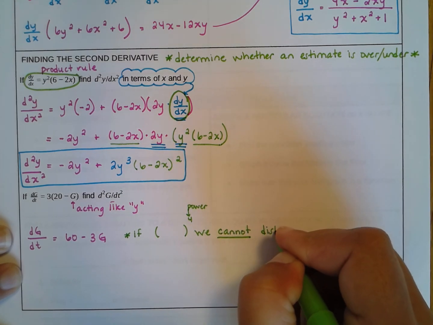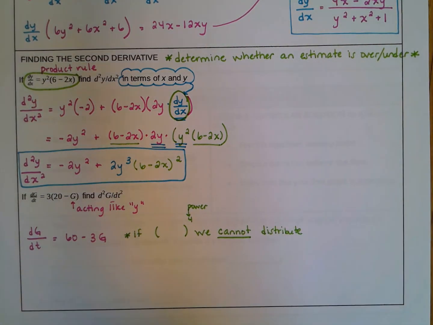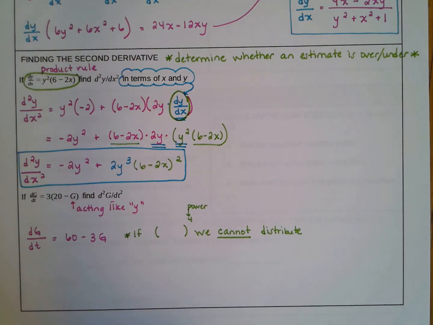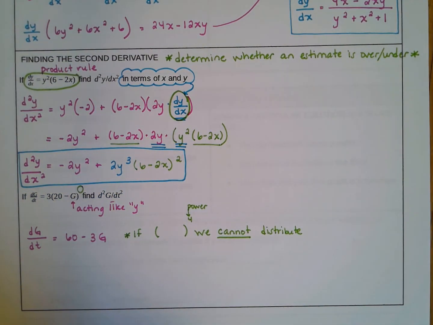Order of operations prevents us from distributing because the power operation would have to happen before the multiplication. So in that kind of a scenario, we would not be able to distribute. But in this scenario where there's no power here, we can distribute.